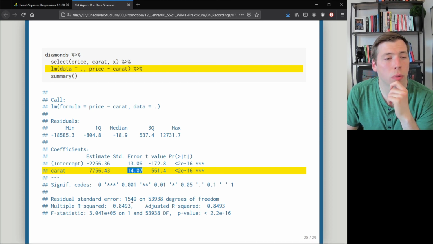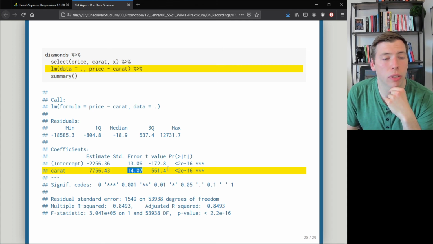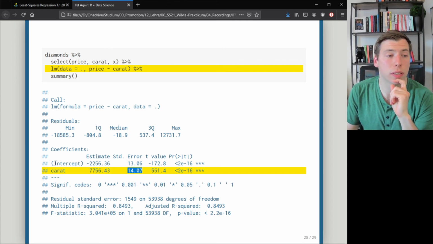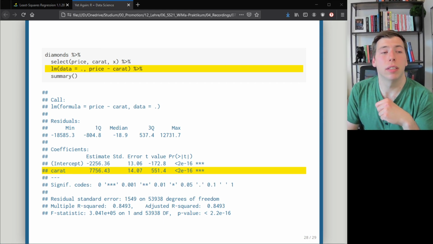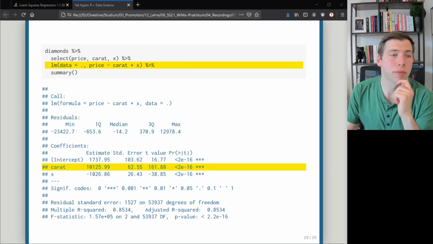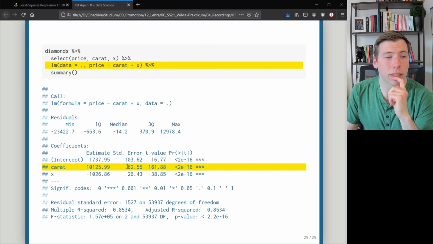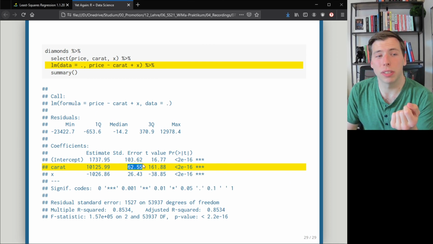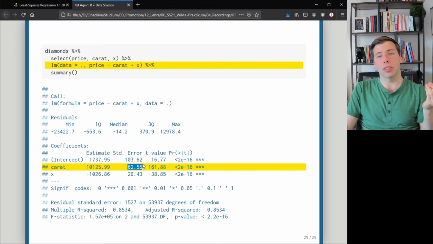What you want to look at is the standard error here, so the uncertainty within this estimated parameter. And now if you add the X variable to that linear model, you would think that things get better because you have more information. But if you do that, then you will see that the standard error for weight at least actually increased. This means that the uncertainty for this parameter increased.